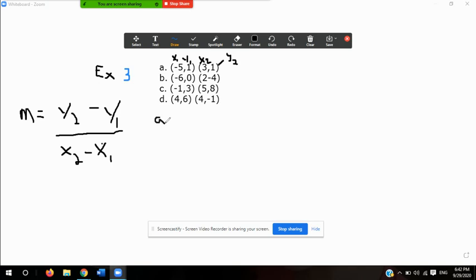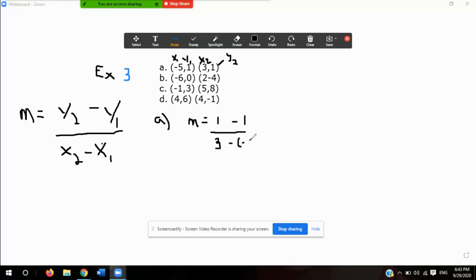So for A, m equals y sub 2, which would be 1, minus y sub 1, which would be 1 as well, over x sub 2, which would be 3, minus x sub 1, which would be -5.